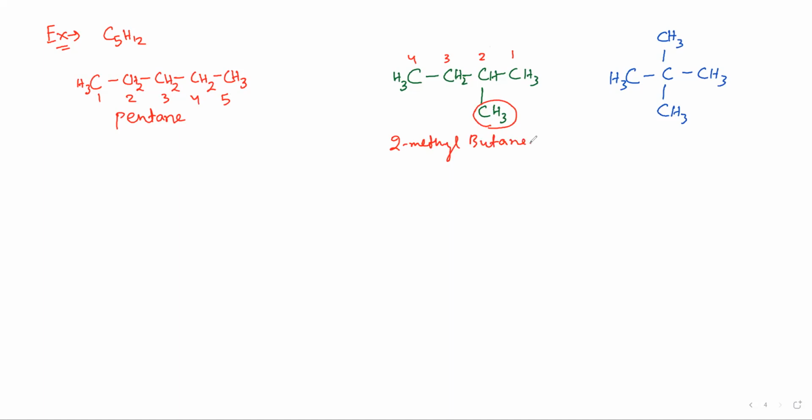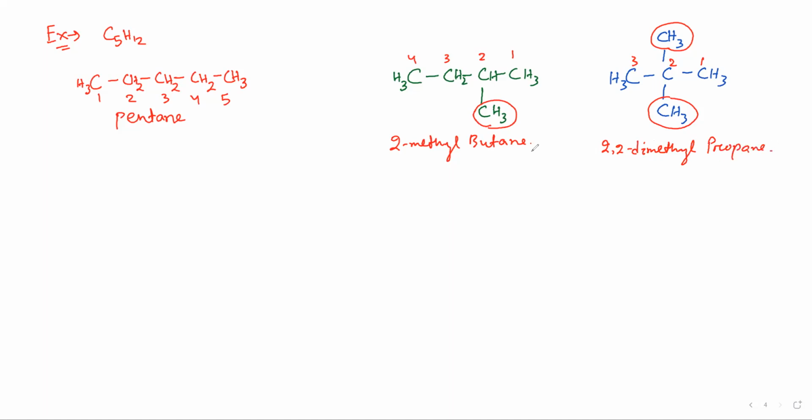2-methyl butane. Okay, here you have 1 2 3. So at 2 position 2 methyl groups are there, yes or no? So it will be named 2,2-dimethyl propane, yes or no?